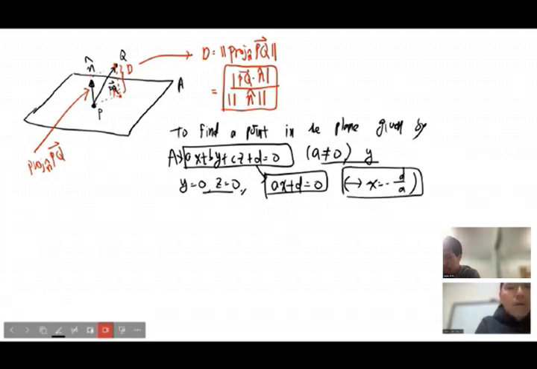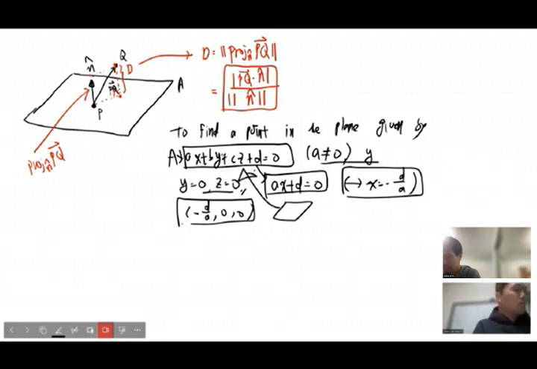And the point on the plane should be minus d over a, 0, and 0. That point should be on the plane A. So that point can be used as a reference to estimate the distance too.